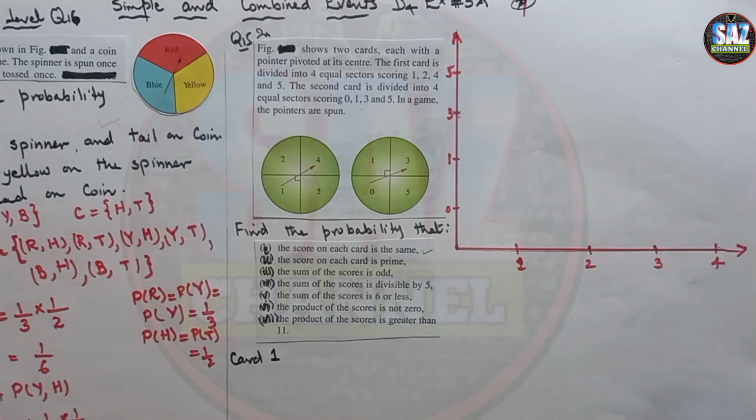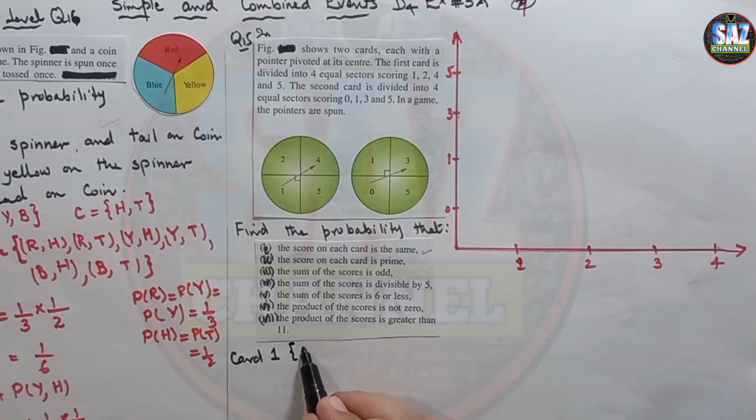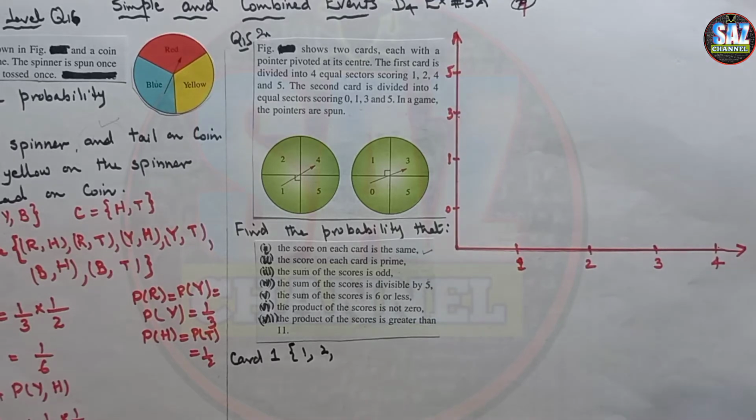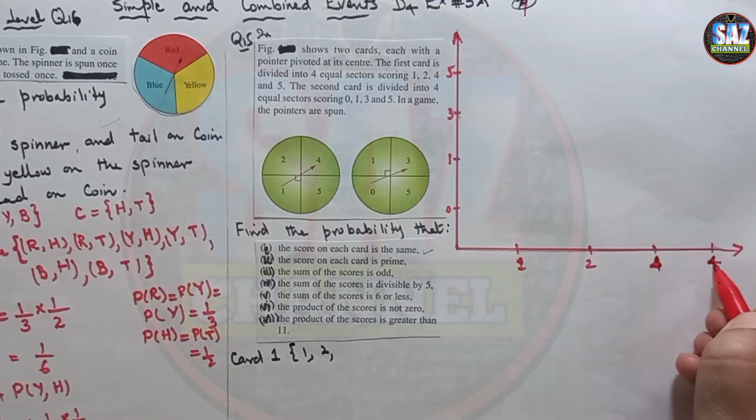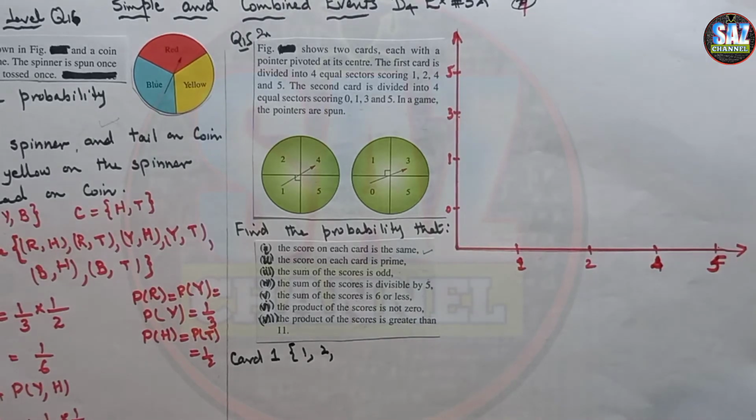So card 1 has the outcomes 1, 2, 4 and 5. Let me correct it. This is 4 and this is 5. 1, 2, 4 and 5.